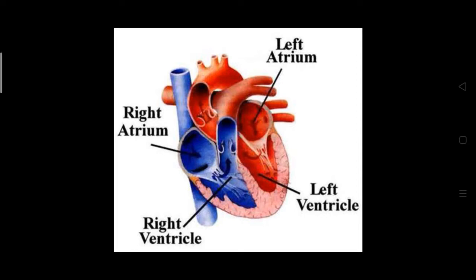Atrium is the singular form. And the two lower chambers are called ventricles, right ventricle and left ventricle. The partition between the chambers helps to avoid mixing up of blood rich in oxygen with the blood rich in carbon dioxide.